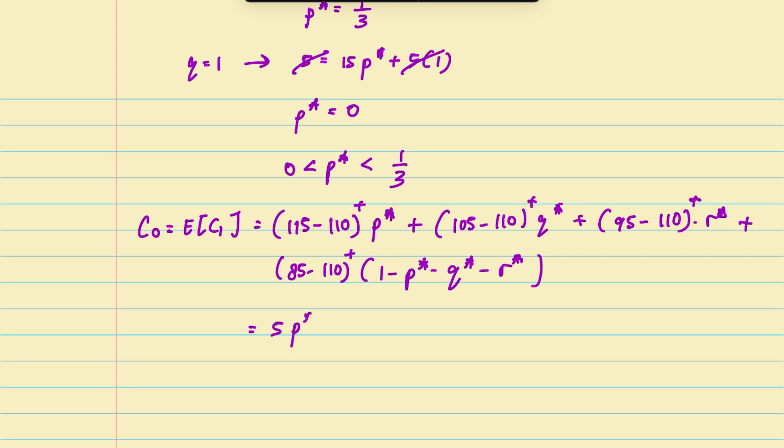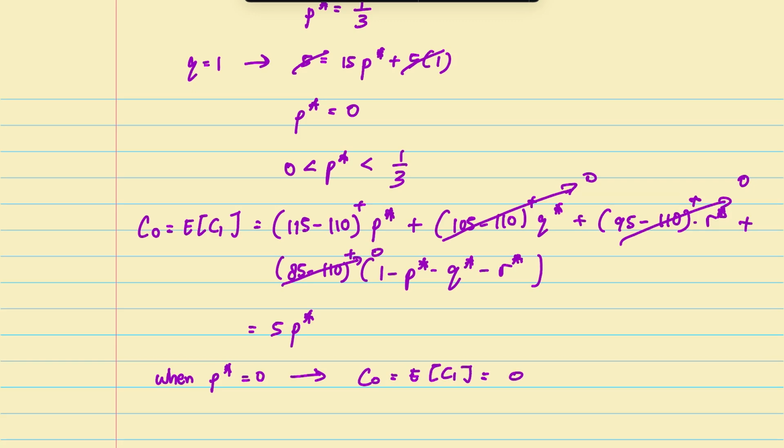So this is 5 P star, and the rest are 0, because this is minus, so we put 0. This is also minus, so we put 0. This is also minus, so we put 0. Then P star has a boundary of 0 to 1/3. When P star equals 0, C0 equals E[C1] equals 0.